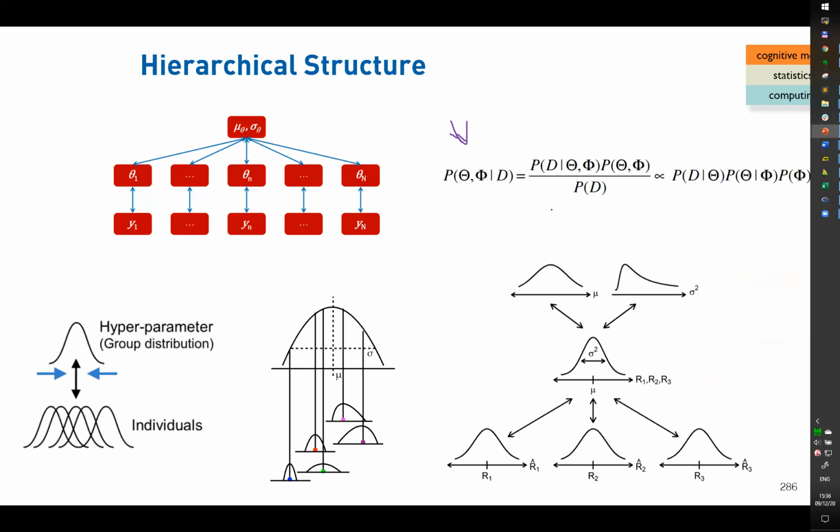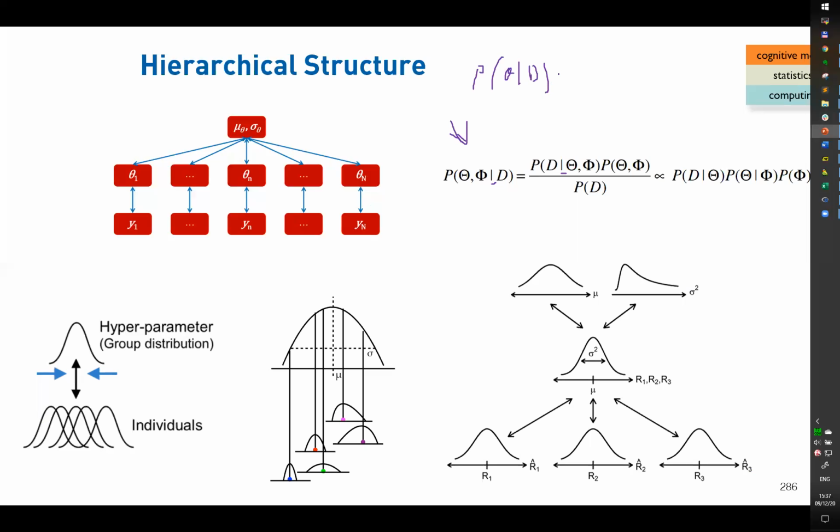So what is this? This is essentially a Bayes equation. If you see the vertical bar, that is the conditional probability. What we had before is the P of theta given data, the posterior, right?